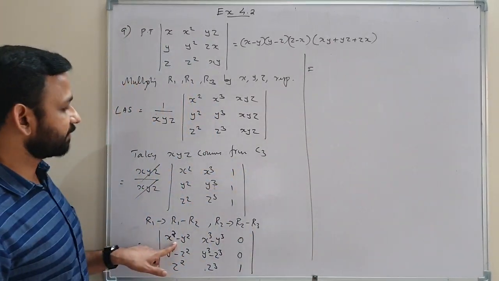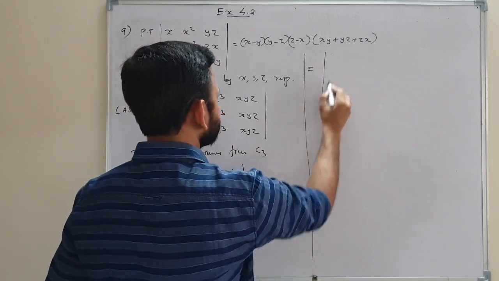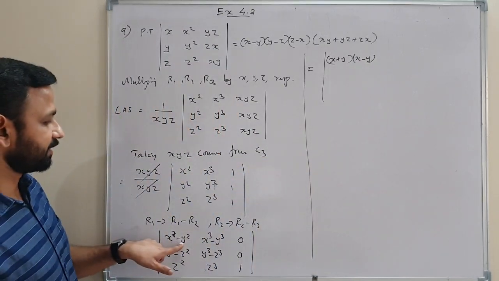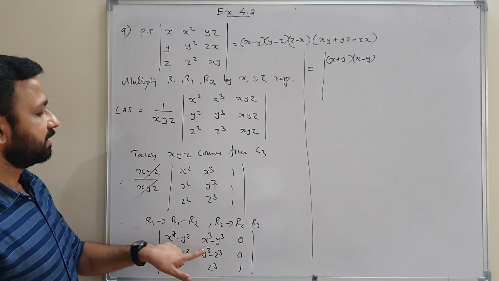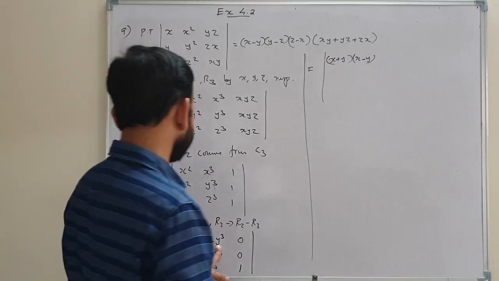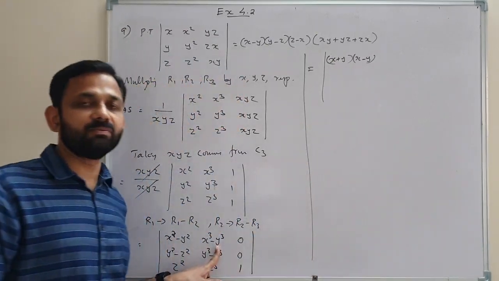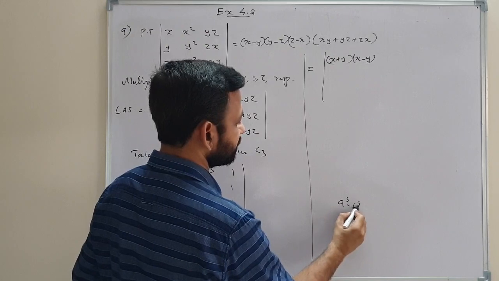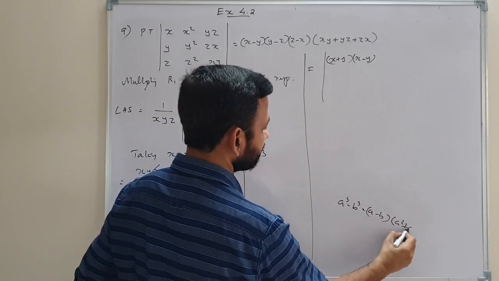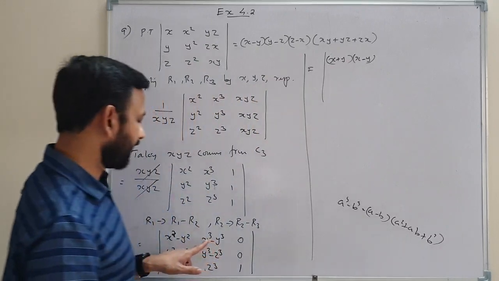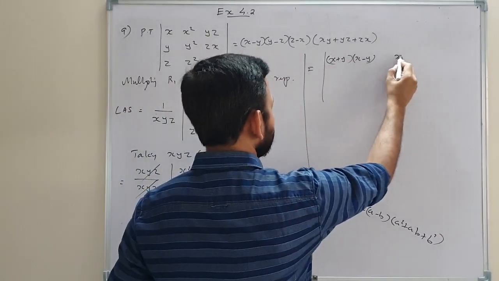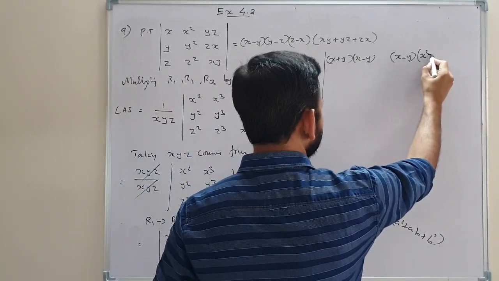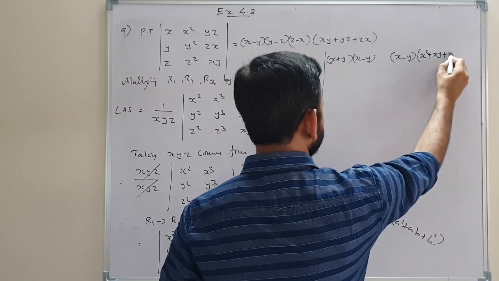See, x square minus y square expands to x plus y into x minus y. And x cube minus y cube: a cube minus b cube is equal to a minus b into a square plus ab plus b square, so x cube minus y cube is x minus y into x square plus xy plus y square.